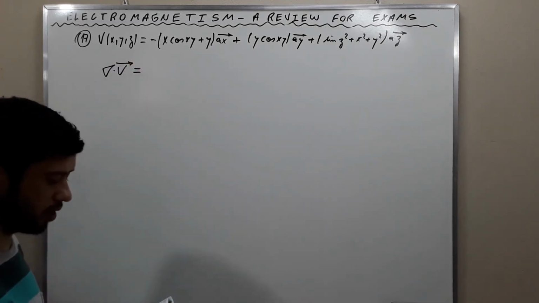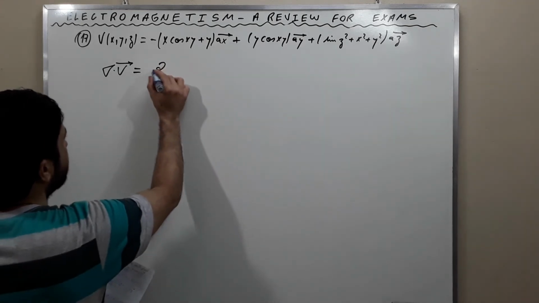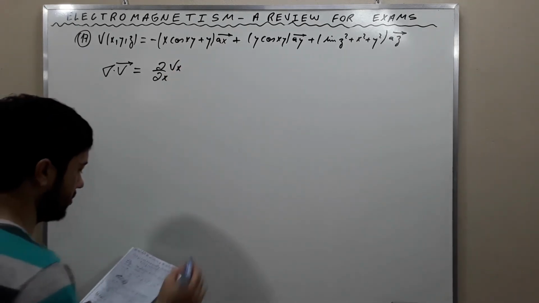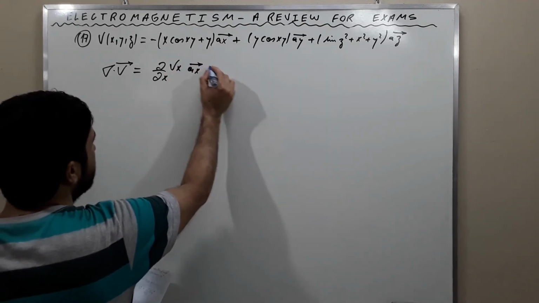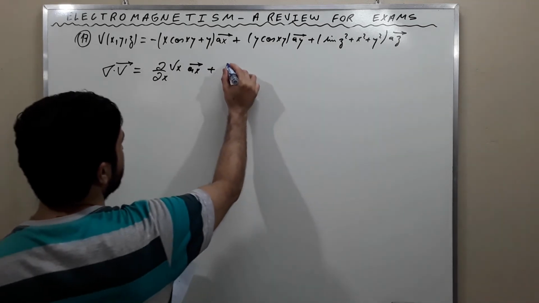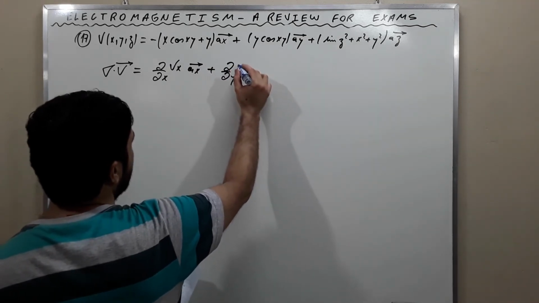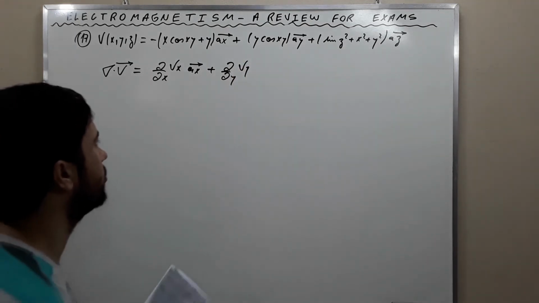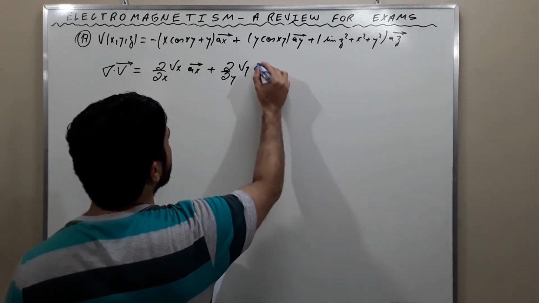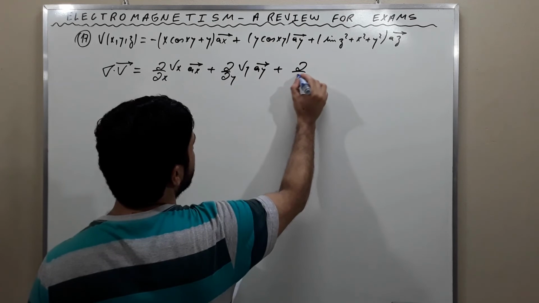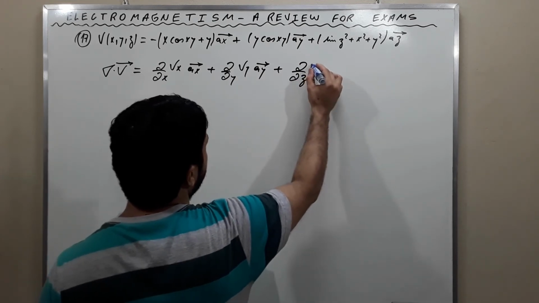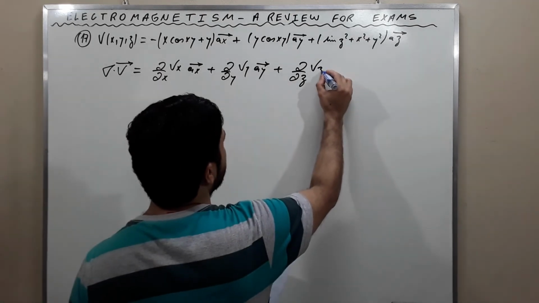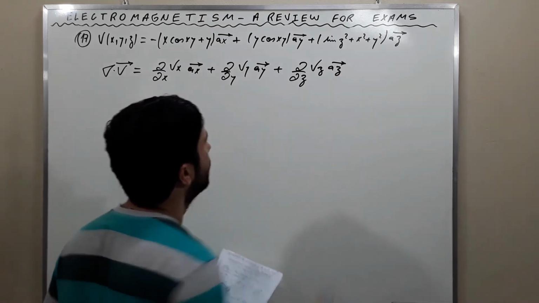The divergence of V is the partial derivative of Vx with respect to x, plus the partial derivative with respect to y of the component of the vector in the y direction, plus the partial derivative with respect to z of the component of this vector field in the z direction. Alright?